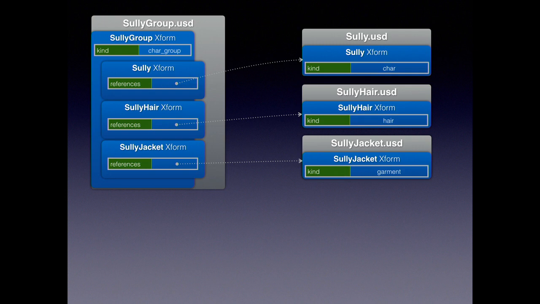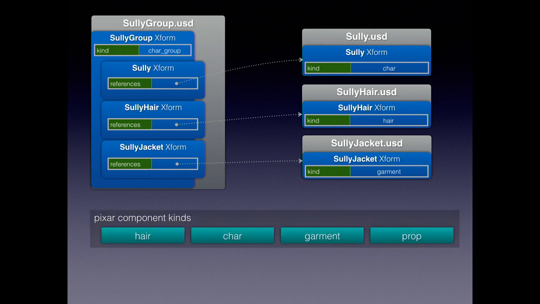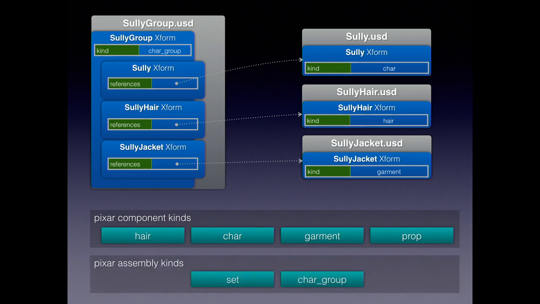And these aren't part of the 3 core kinds that we talked about. Kind is an extensible concept, and you can have different hierarchies of kinds. So at Pixar, we actually allow for 4 different subkinds of component: hair, char, garment, and kind of a catch-all called prop, as well as a couple of different assembly kinds, which include set and char group. And this lets us specialize beyond just assembly and component.